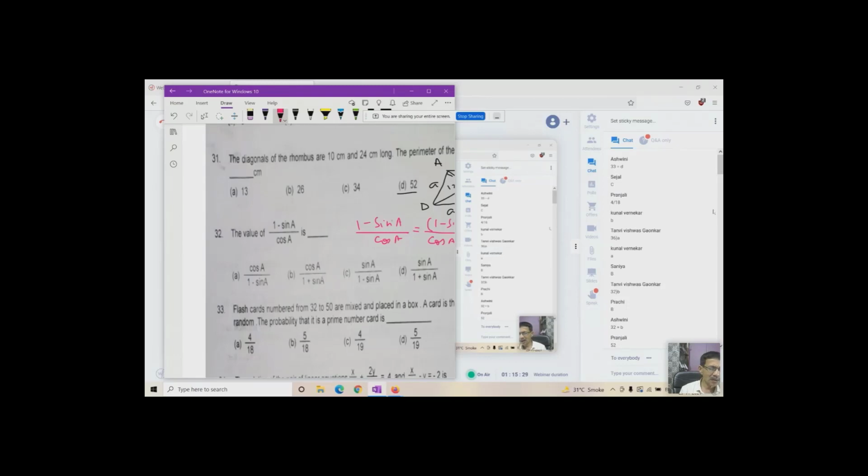Answer, it is not C. Yes, it is D. The answer is D.